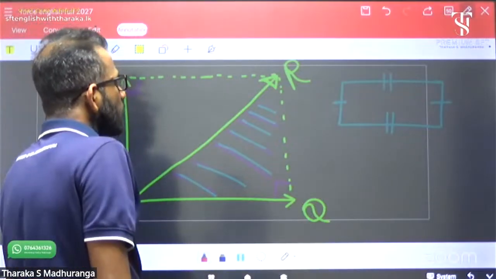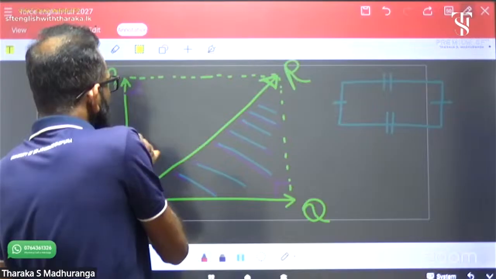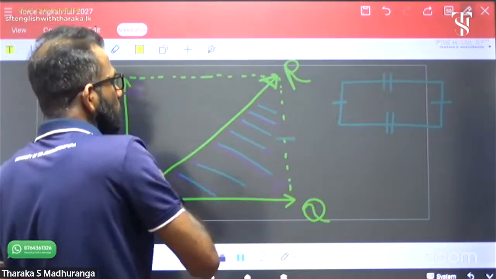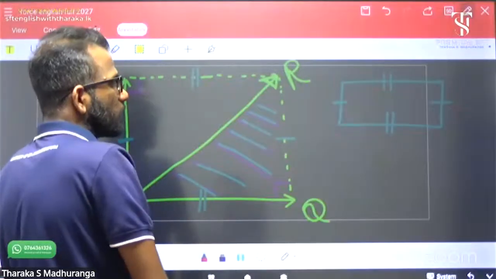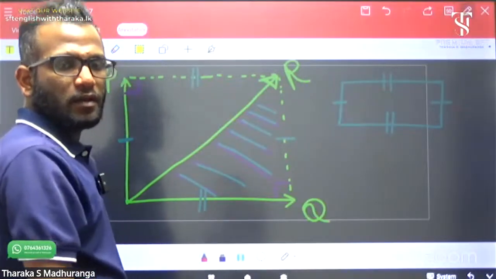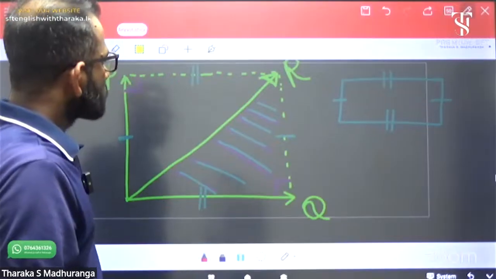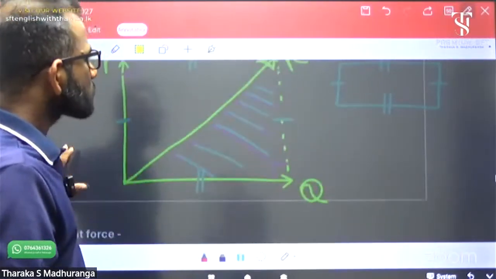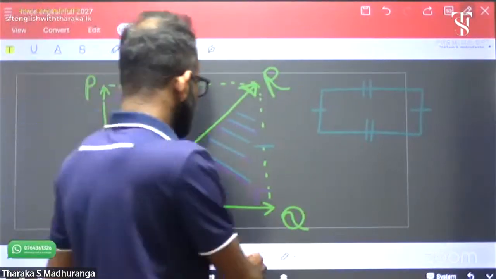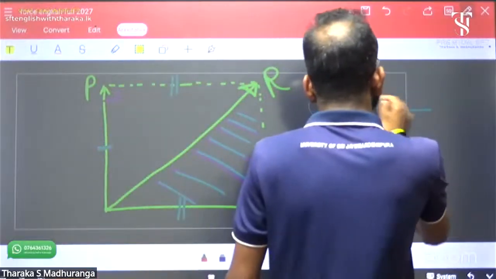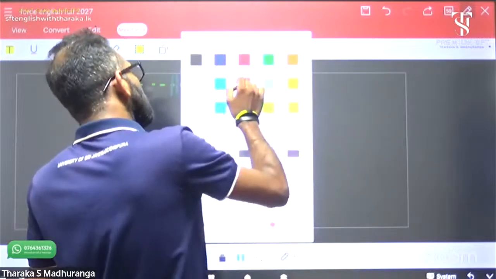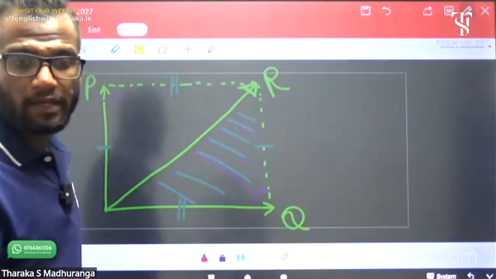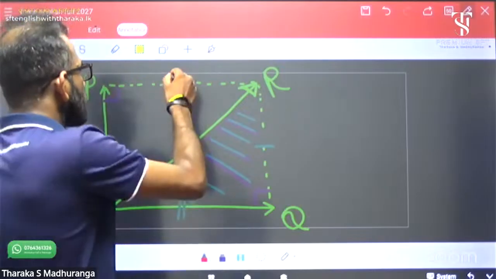Then I can say this side is equal to the opposite side. What is the reason? It is a rectangle. Opposite sides are equal.